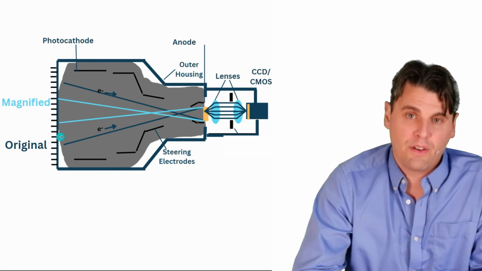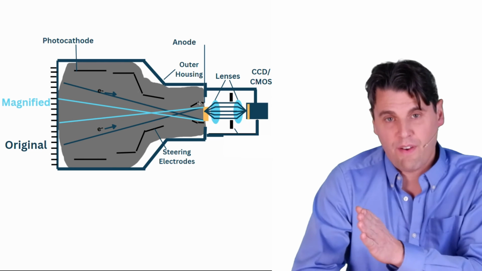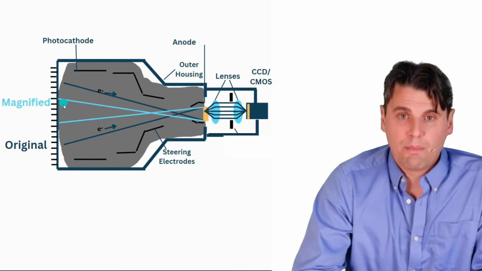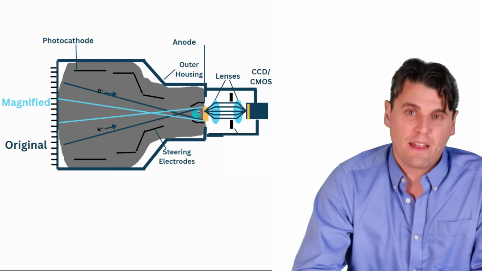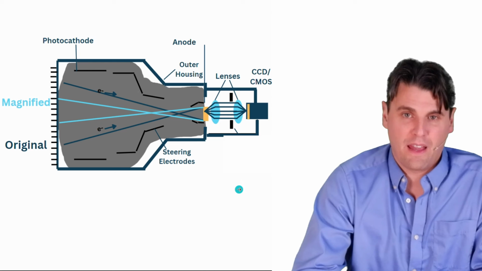If we have a smaller field of view and we change it so the electrons are actually going to still take up the complete area on your phosphor, then a smaller area here is going to be magnified to the same size area here for our phosphor, which is then read out by our video camera.